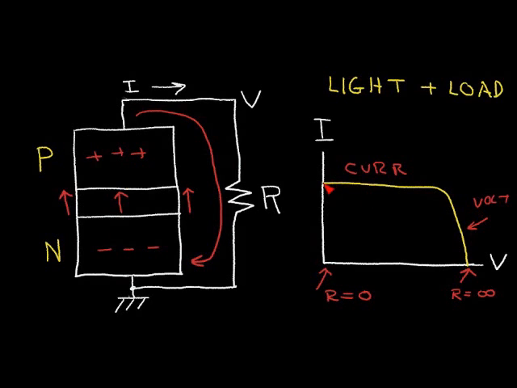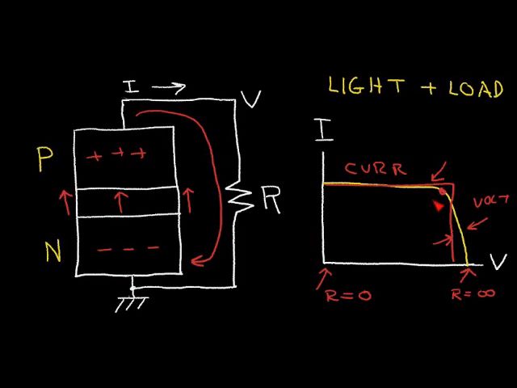Now, if this curve were flat here and very steep here, we'd have a perfect voltage source here and a perfect current source here. And so with this load, we can do useful work. We want to operate at a point here where we maximize the current times voltage and we extract the most power from the solar cell.